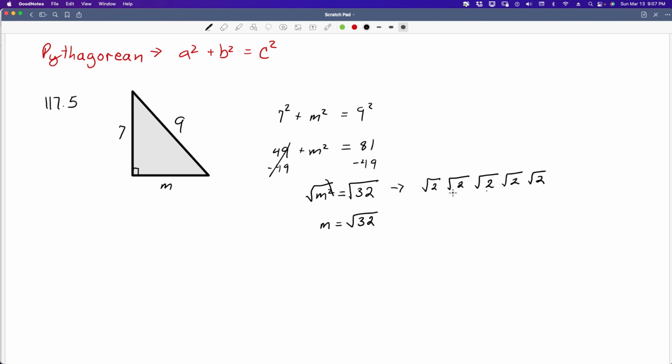Yeah. So we could actually take out one set of 2's and another set of 2's. So 2 times 2 times the square root of 2. So we could rewrite this in simplified form as 4 times the square root of 2 is the length of m. That is its most simplified form right there. That's the best we can do.